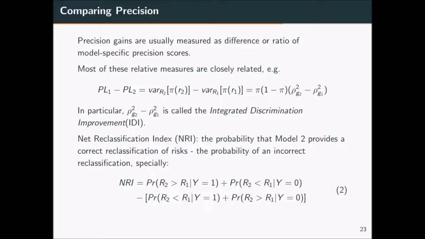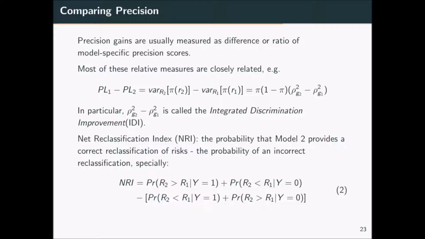The precision gains are usually measured as difference or ratio of model-specific precision scores, and most of these measures are closely related. For example, the difference in precision loss for two models is just the difference between the models' variance, and both are proportional to the difference between the models' squared PO correlation coefficient.